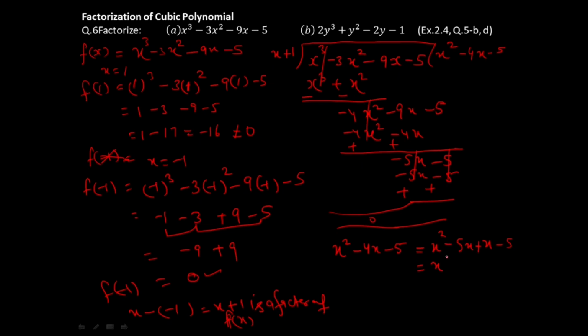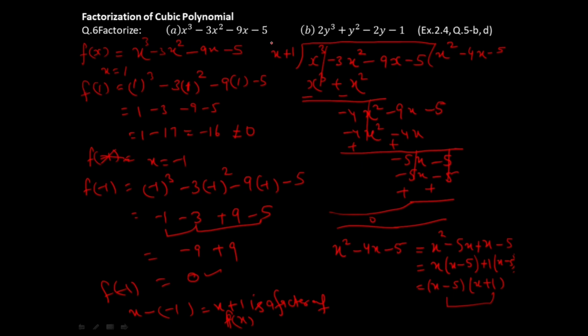The common is x, minus 5 is left, plus 1 and x minus 5, x minus 5. So two factors are x minus 5 and x plus 1.